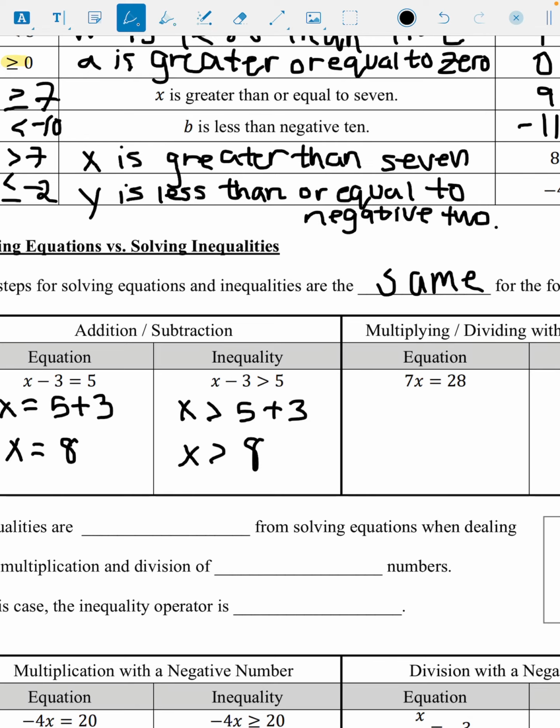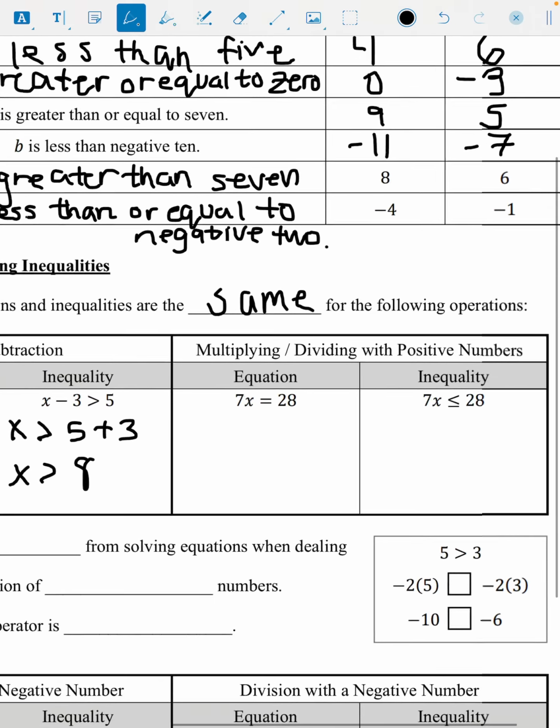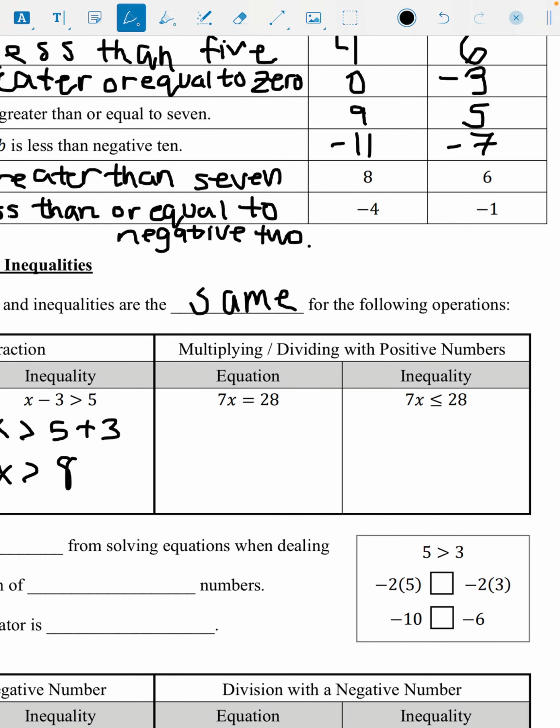Okay, so let's move on to the multiplying and dividing with positive numbers. So it's important to highlight that the steps are the same only when you're dealing with positive numbers in multiplying and dividing. So we have that 7x equals 28, which means that x equals 28 over 7, so x equals 4.